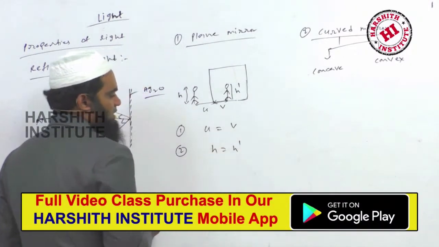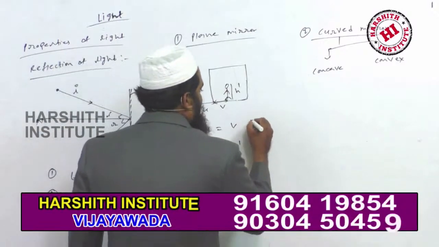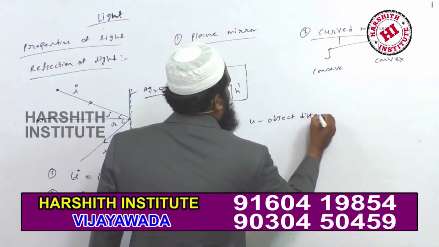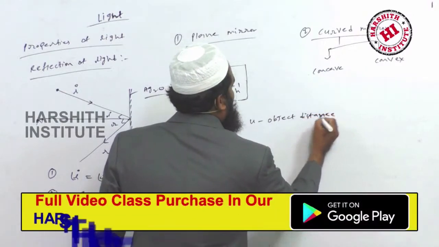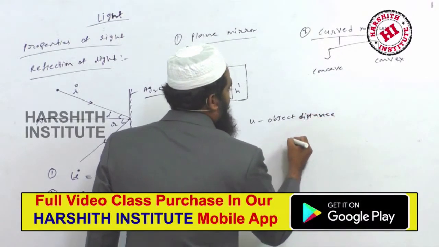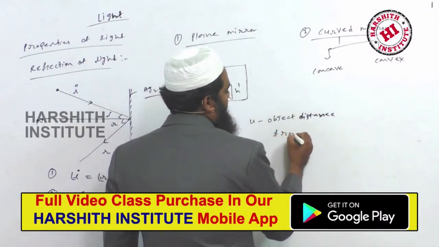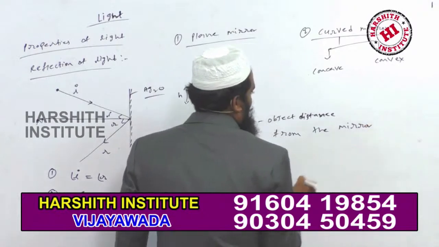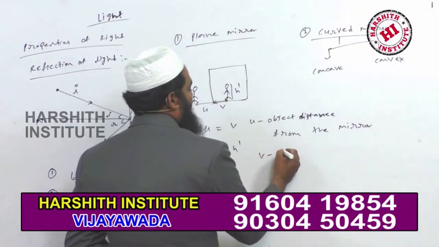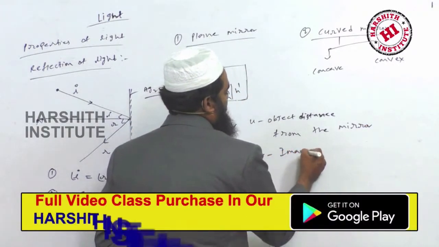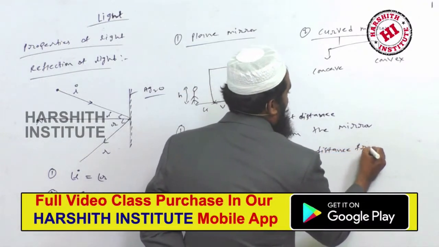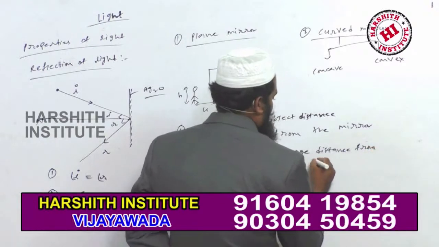Here U is called the object distance from the mirror. V is called the image distance from the mirror.